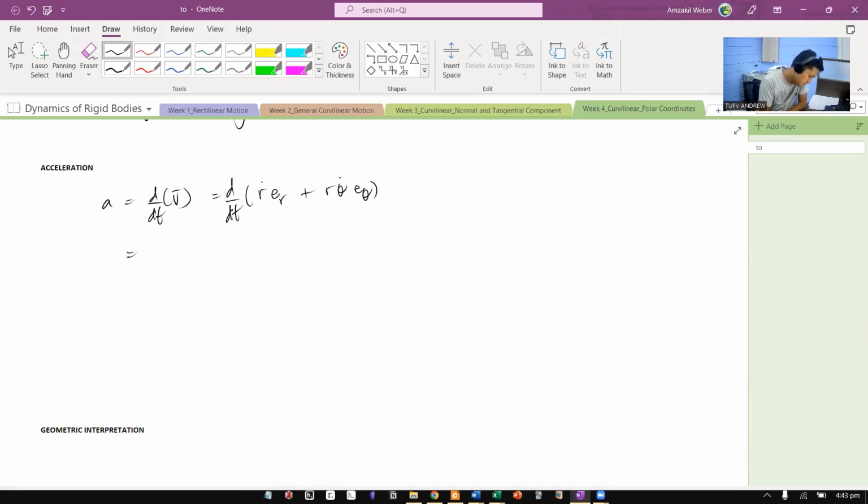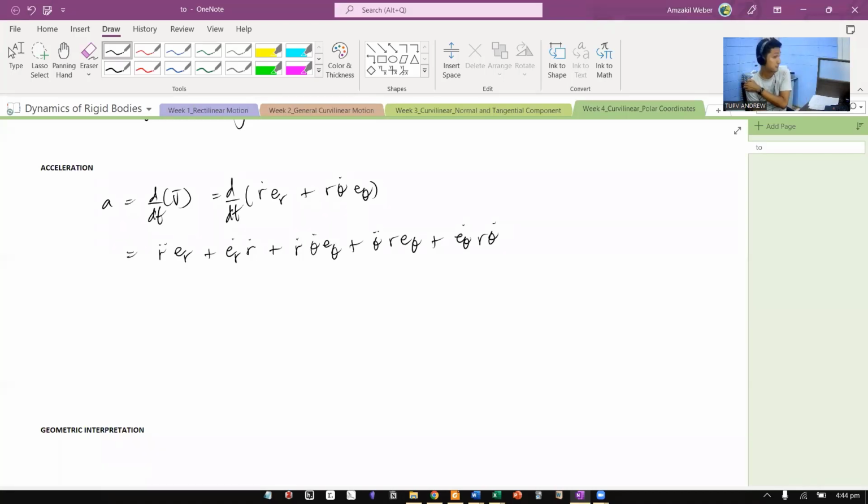R double dot times e_r, plus e_r dot times r dot, plus r dot times e_theta dot, which is theta dot e_theta, plus theta double dot times the remaining, and lastly, e_theta dot times the remaining r theta dot.